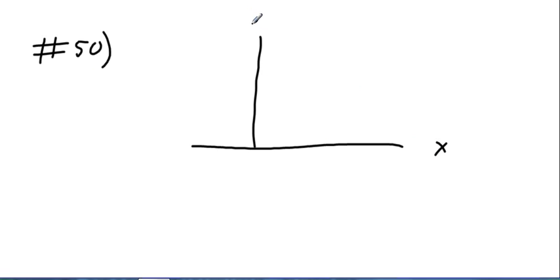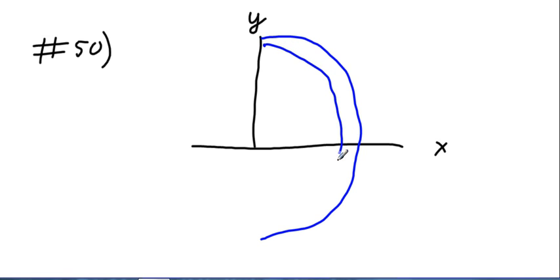Okay, so there's the x direction, there's the y direction, and I've got a semicircle going like that, and we have some distance r like that, r, and some theta, and it looks like we have positive charges on the top half of the semicircle and negative charges on the bottom half of the semicircle.